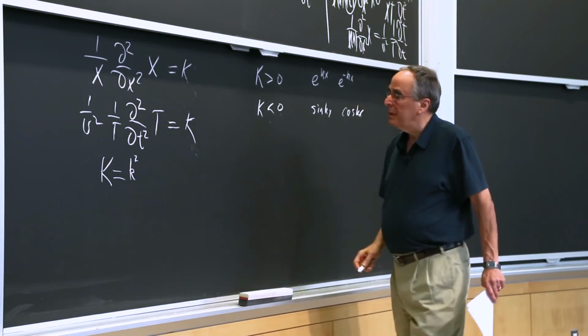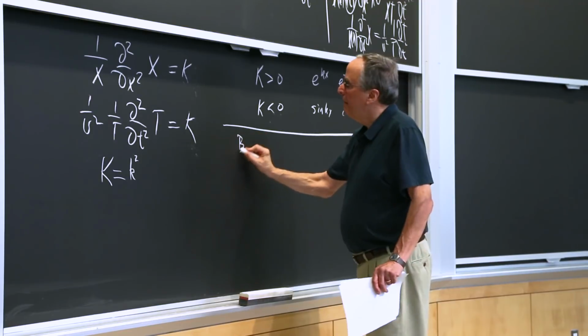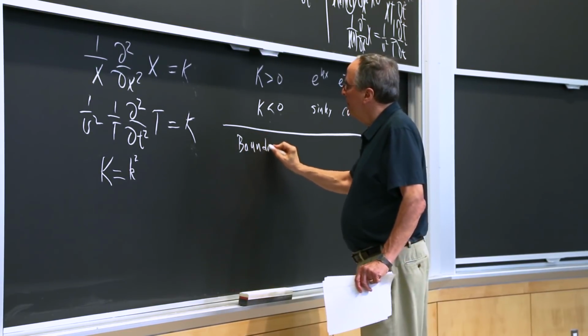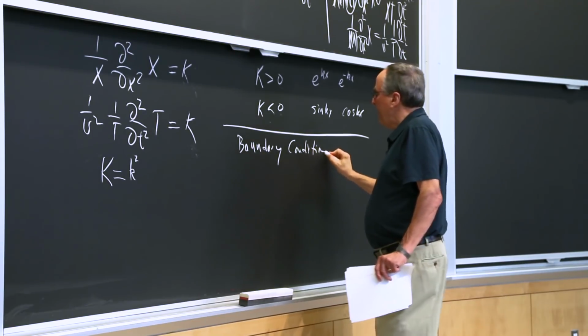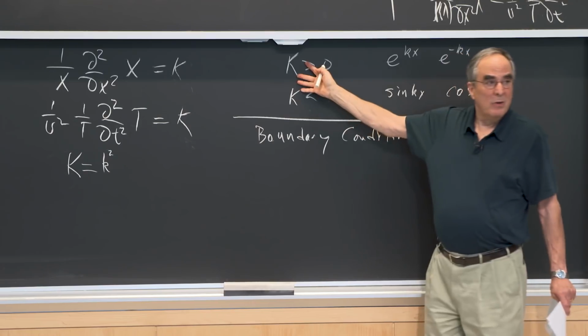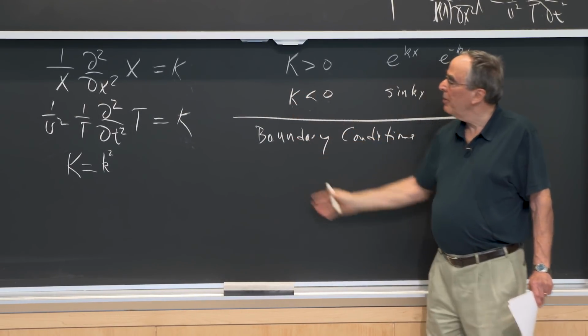Okay, so I don't want to belabor this, but the next stage is boundary conditions. We don't know whether k positive or k negative is possible, but we do know boundary conditions.